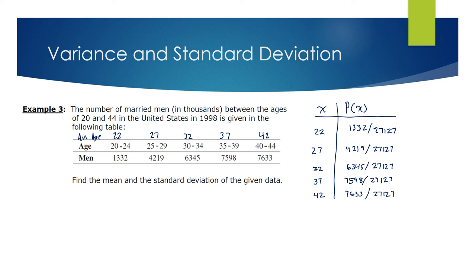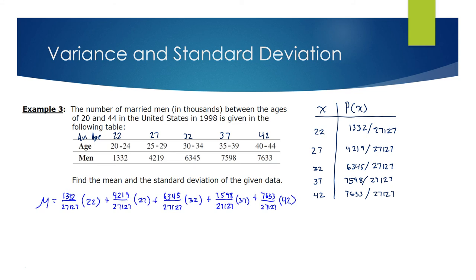So as far as the mean goes, I'm going to take each one of these and multiply it by their probabilities. So 1332 over 27,127 times 22, and so forth. And when I add those together, I get about 34.9456 years old. So in this study, on average, the average male is about 35 years old.